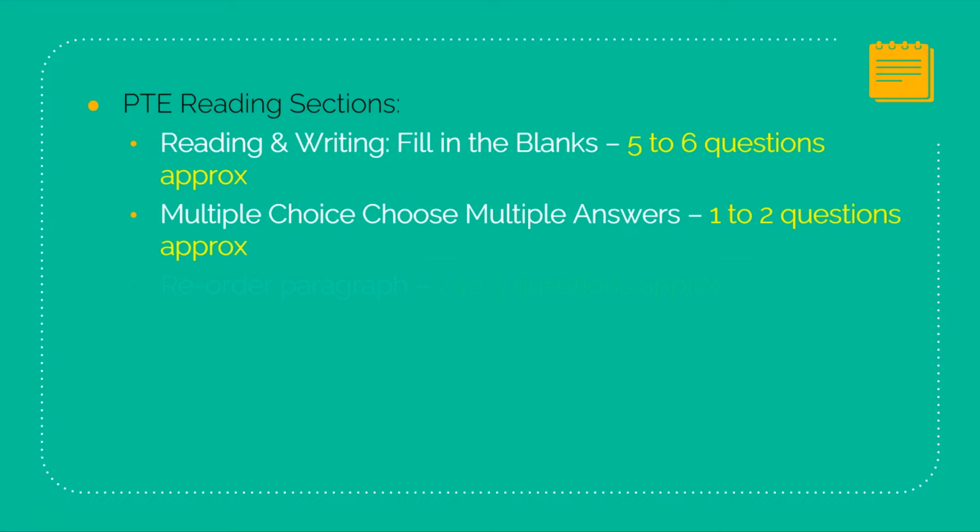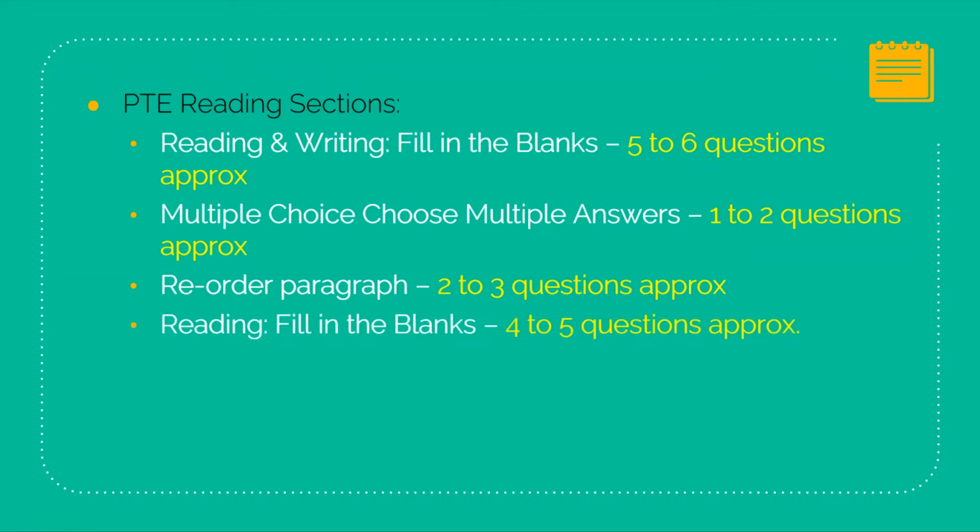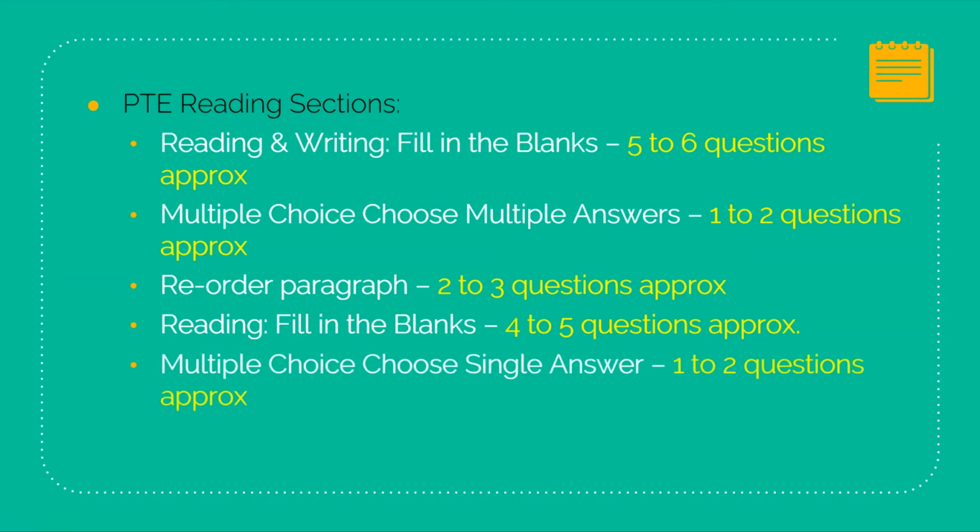The third question type is reorder paragraph, and you get about 2 to 3 questions in the actual exam. The fourth one is reading fill in the blanks, and you get about 4 to 5 questions in the exam. And finally, the last question type is multiple choice, choose single answer, and you get about 1 to 2 questions in the actual exam.